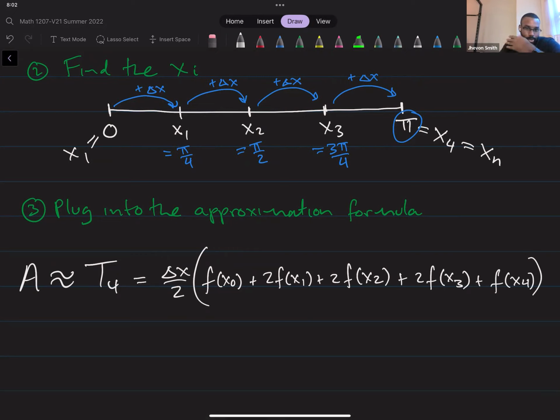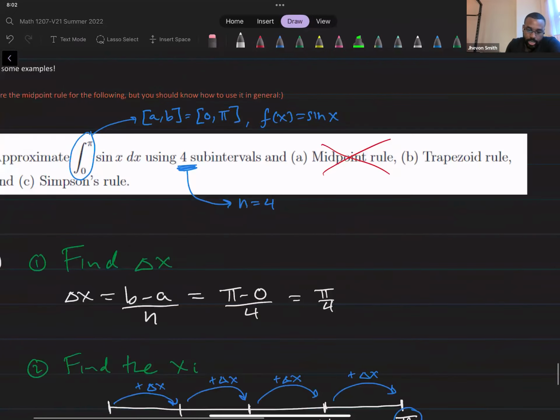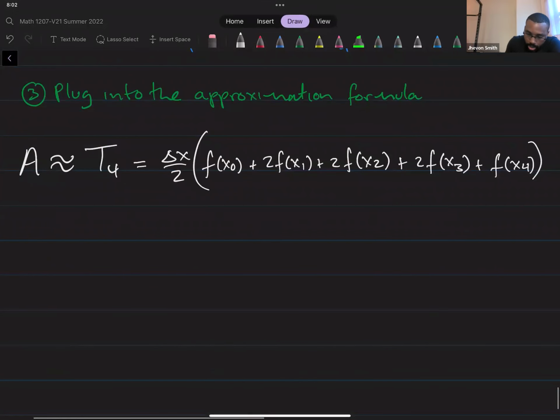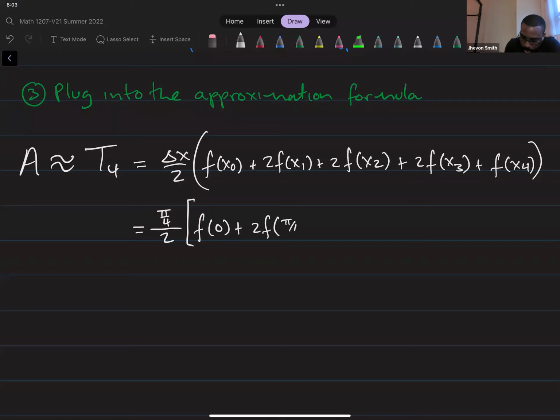Now what we're going to do is we're just going to plug in numbers here and do the calculations. So now our f is just the sine function, right? So I can write this out a little bit. So this is going to be pi over 4 divided by 2. And this is going to be f of 0 plus 2f of pi over 4 plus 2f of pi over 2 plus 2f at 3 pi over 4 plus f at pi.